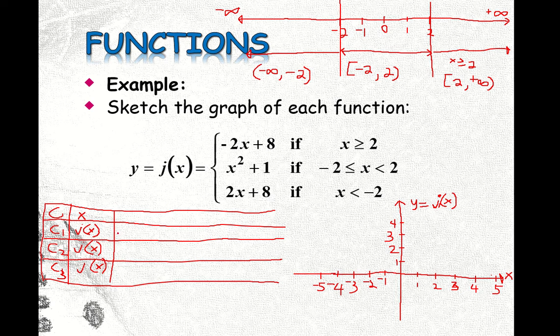So condition 1 is negative 2x plus 8, condition 2 is x squared plus 1, and condition 3 is 2x, I said 2x plus 8. So for reference it's better to write it.